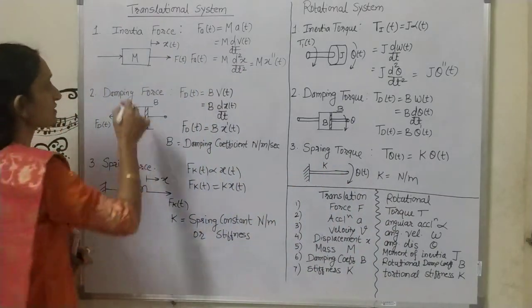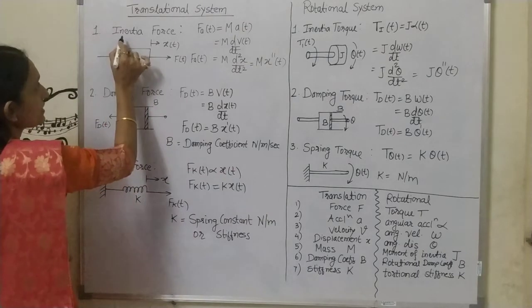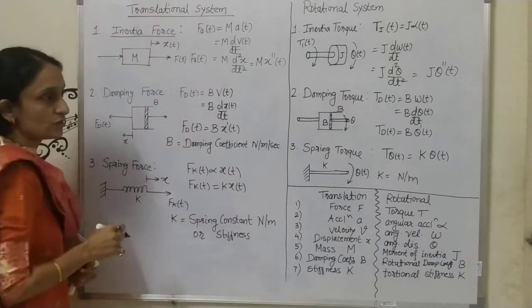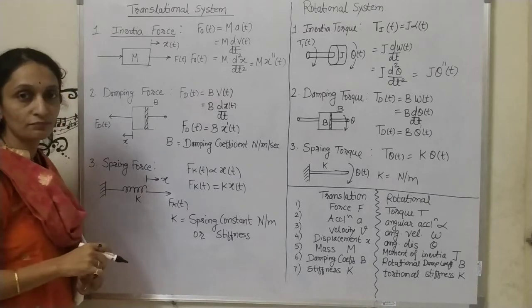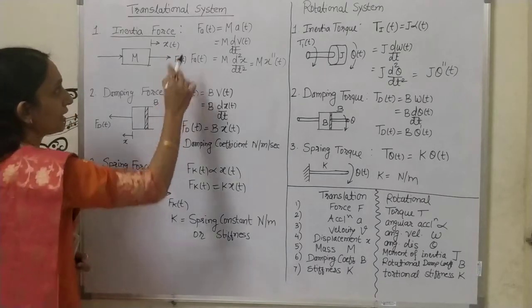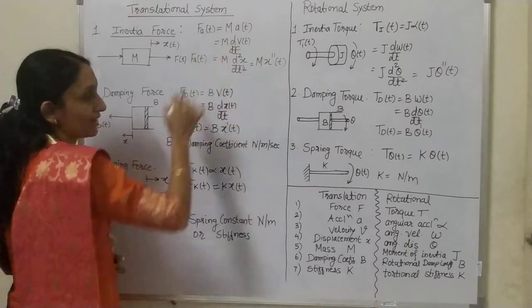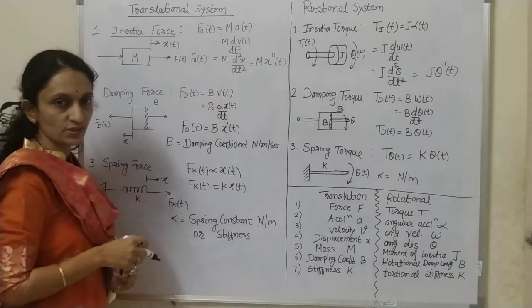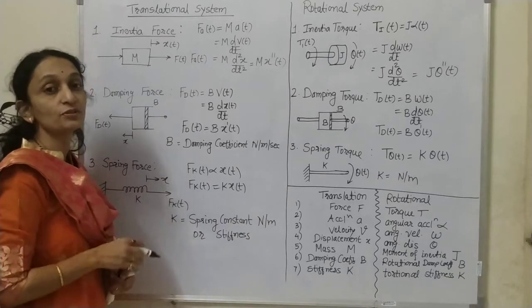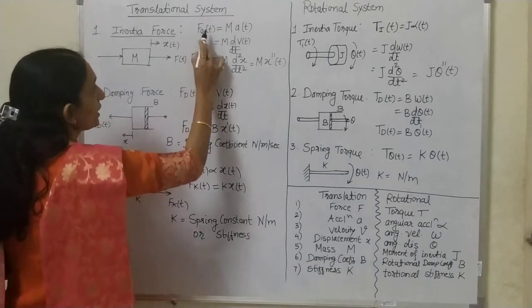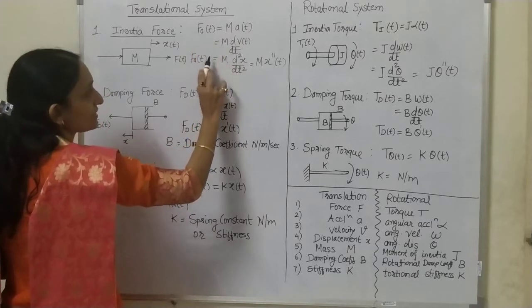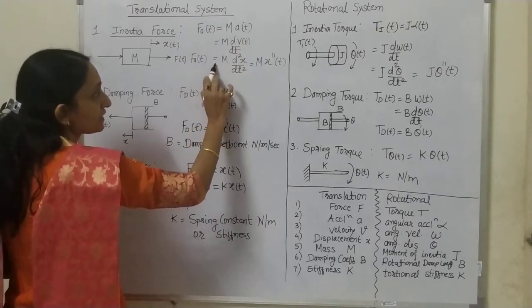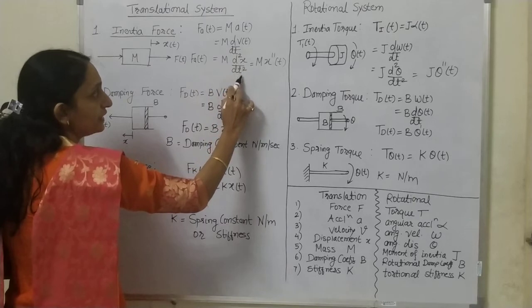In the translation system, number one force is the inertia force. According to Newton's second law of motion, inertia force is given by force equals mass into acceleration. What is acceleration? Rate of change of velocity. What is velocity? Rate of change of displacement. So we have written the force due to acceleration, Fa of t, is equal to m d2x by dt square.